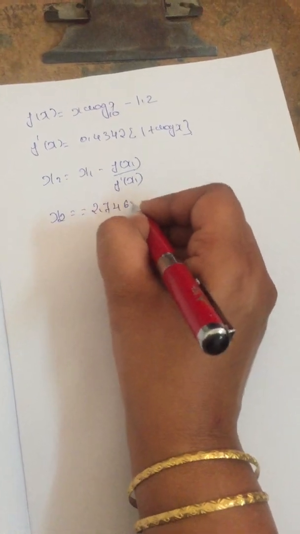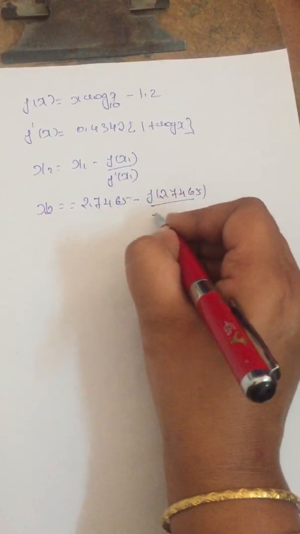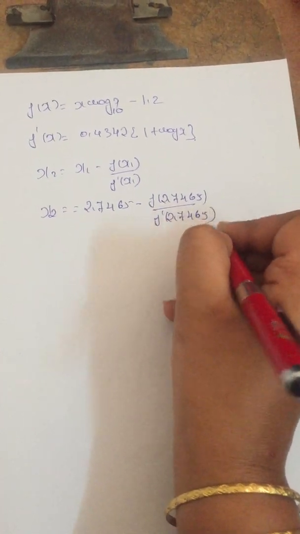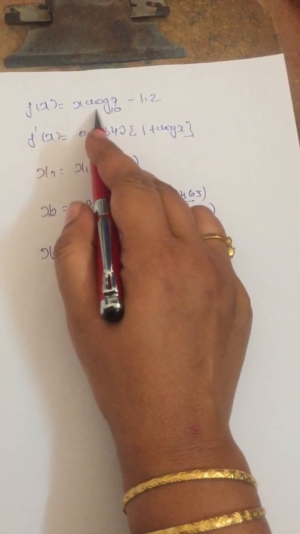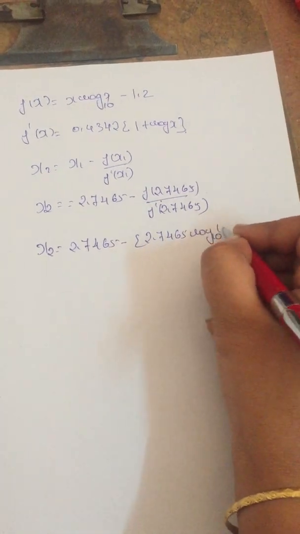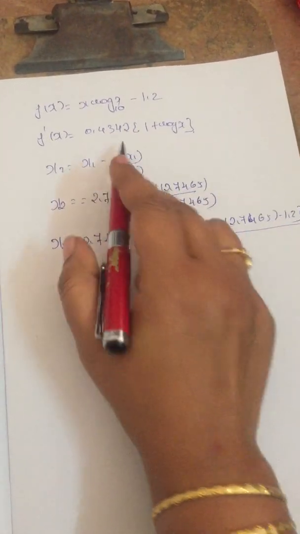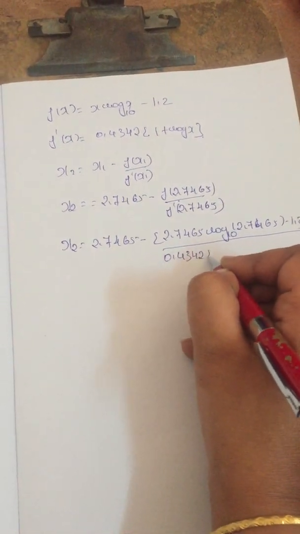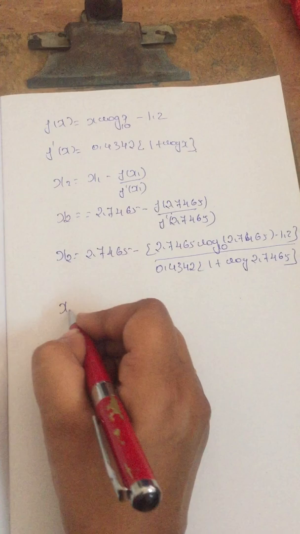Substituting x1 as 2.7465, x2 is 2.7465 minus f of 2.7465 divided by f dash of 2.7465. f of 2.7465 is 2.7465 into log base 10 of 2.7465 minus 1.2, divided by f dash of x, which is 0.4342 into 1 plus log of 2.7465.